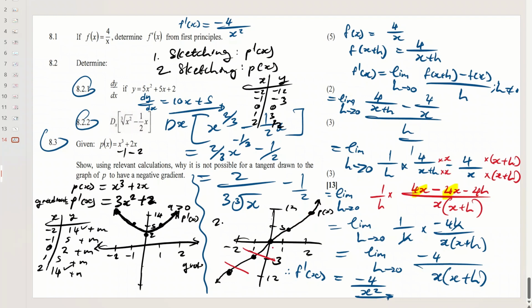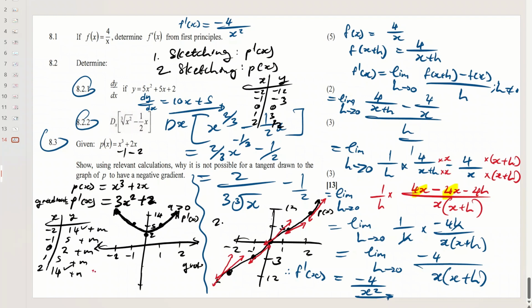So now that line is no longer a tangent. A tangent is a line that is going to be like this. You can see that this one is a positive gradient. This one is a positive gradient. Every point. This one is what? A positive gradient. That it is what? A positive gradient.